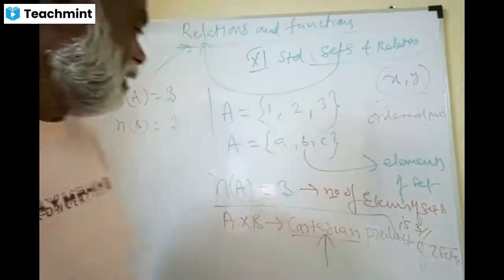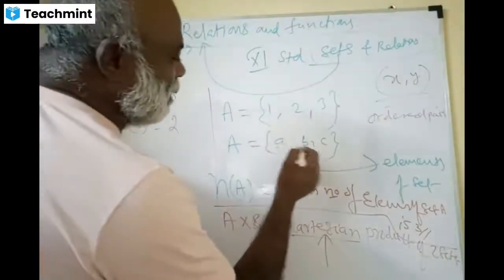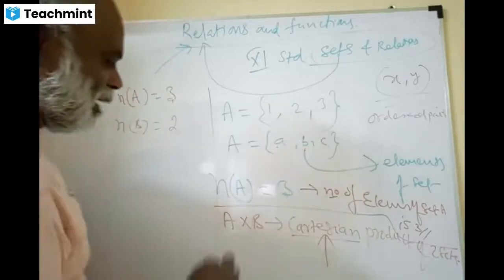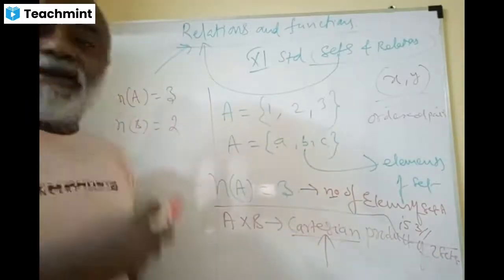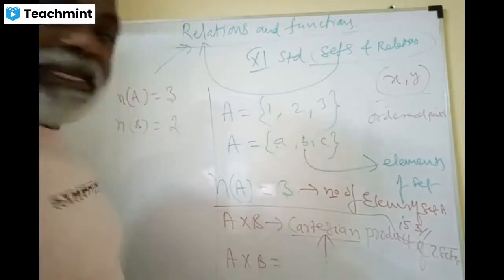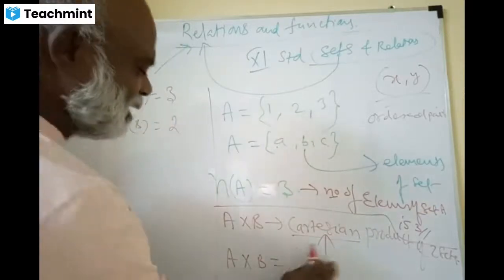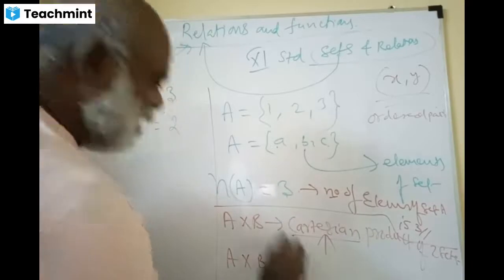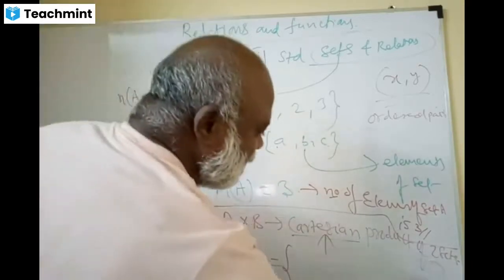Please understand this. Earlier I said a is an element, b is an element, c is an element. But A cross B is defined like this. This is also a set, but a different type of set.